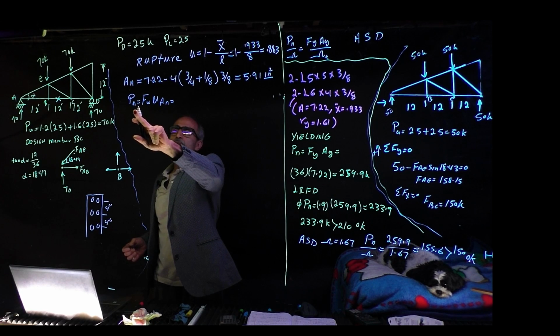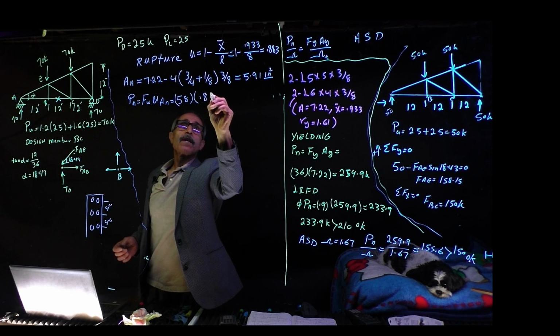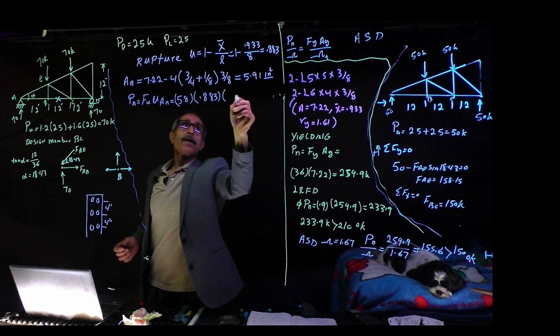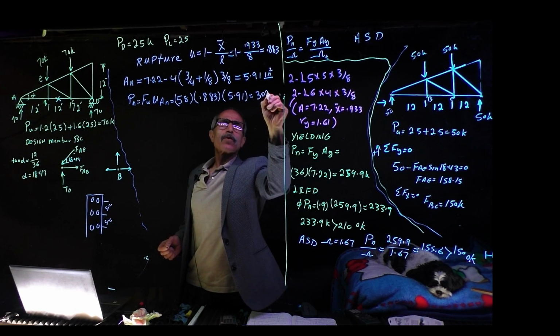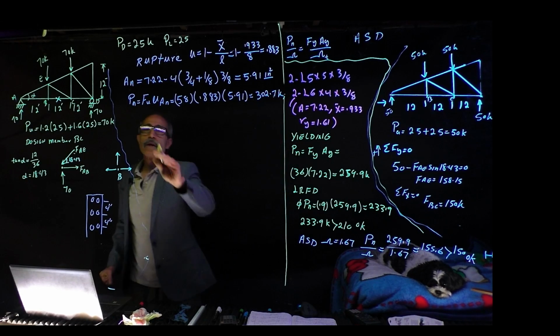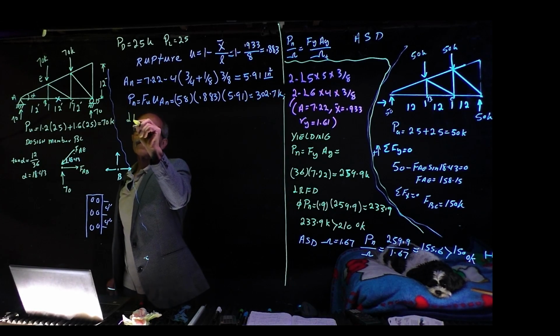So Pn is equal Fu times U times An. Fu is 50 ksi times U came out to 0.883, and An is 5.91 and equal 302.7 kips. Okay, so now we have this. We can go ahead and do a load resistance factor design.